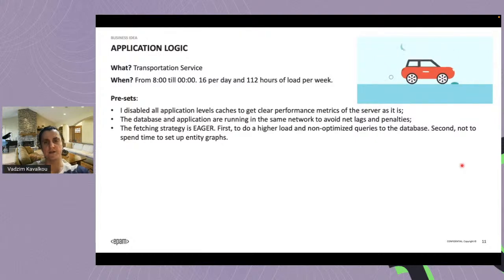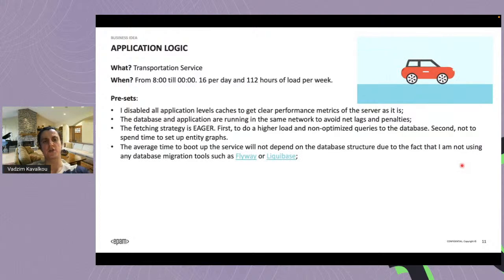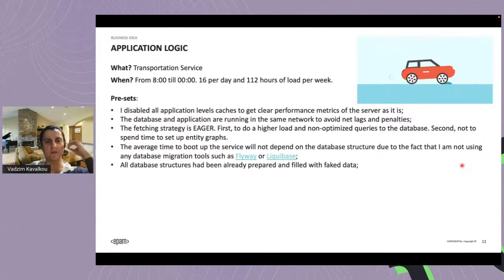Fetching strategy is eager. The average time to serve requests doesn't depend on database structure, because I've already prepared the database and pre-filled it with the data, and we have no need for database migration tools such as Flyway or Liquibase, and all the database structure, as I said, had been prepared.